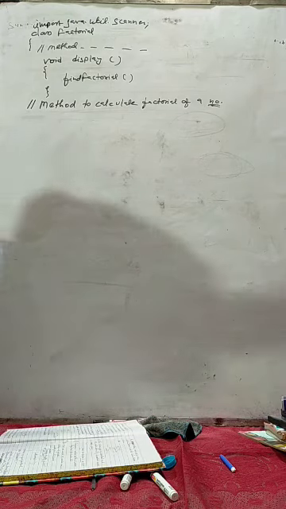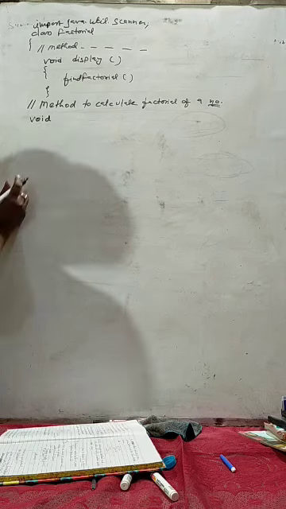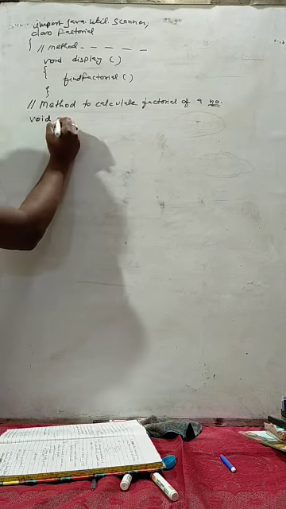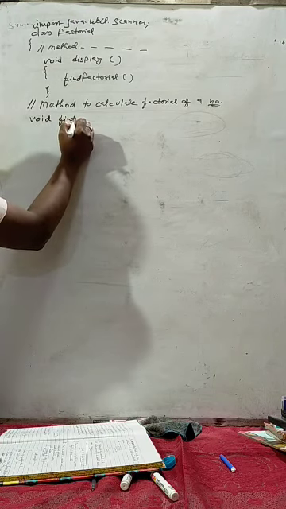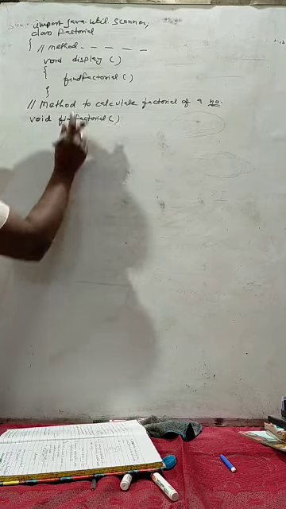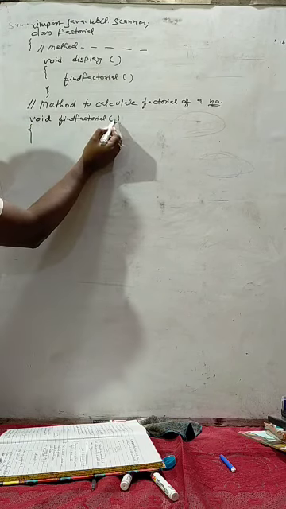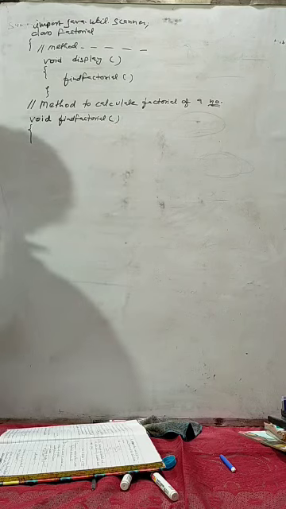Define a function without any return type. So when a function does not have any return type, it should be void. So void find factorial. The name should be the same, and we are not accepting any parameter here. Therefore, the function is parameterless, without parameter.